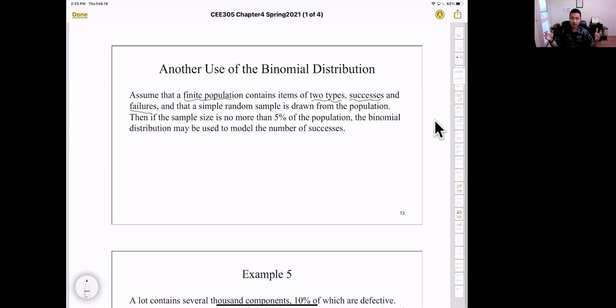Then if the sample size is no bigger than 5% of the population, we can use the binomial distribution to model the number of successes.